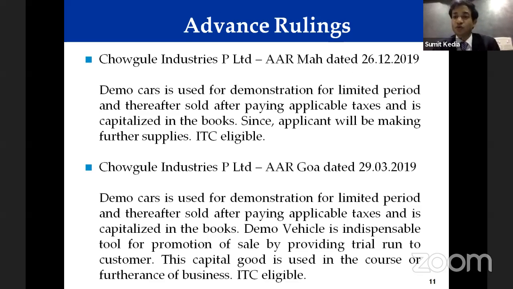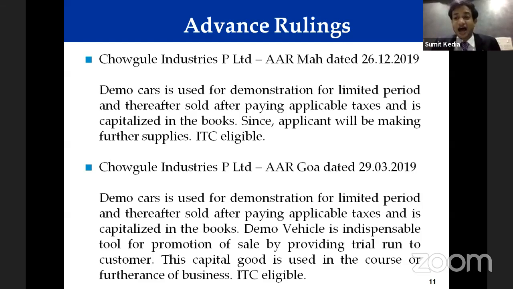Now, I have two advance rulings of the same applicant, same company, Chowgule Industries Private Limited. Same company having branches in Goa and Maharashtra, they applied for advance ruling in both the places. I repeat, this entity, Chowgule Industries Private Limited, has operations in Maharashtra and also in Goa, and they applied for advance ruling in both the states.